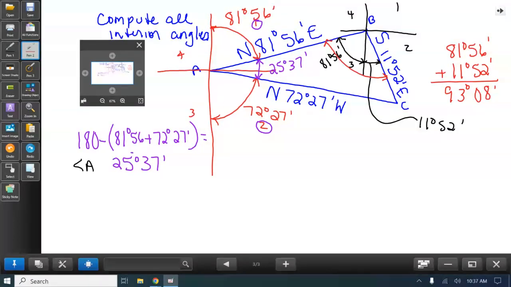I got 48.93 degrees. Did I write something wrong? Put it in the calculator instead of trying to do it by hand. I got everything written down right. 81.56 and 11. Oh, yeah, 11.52.